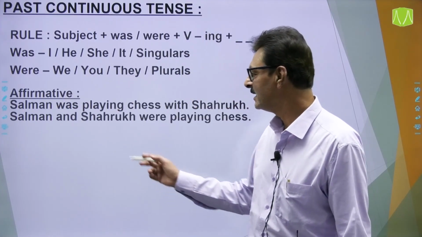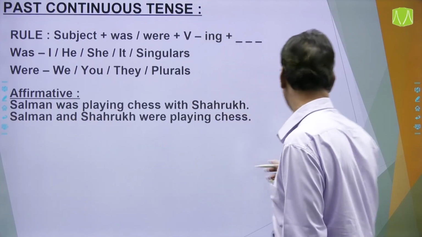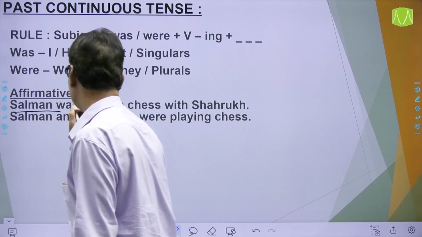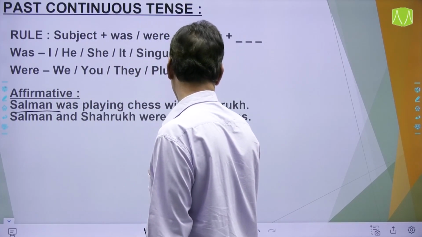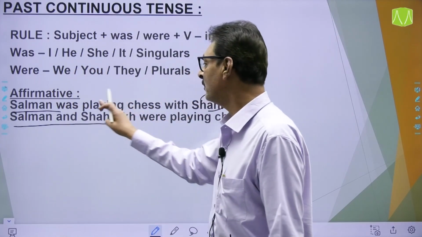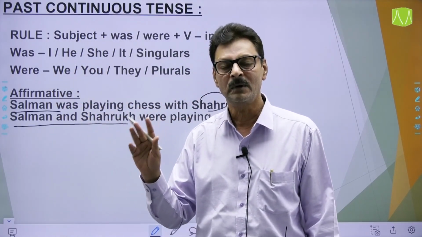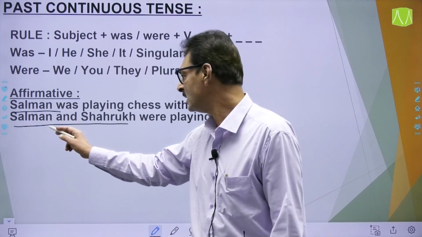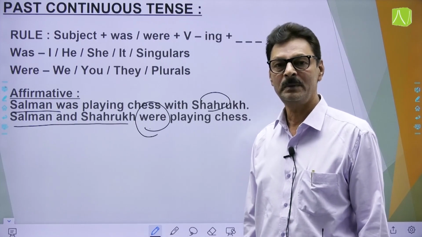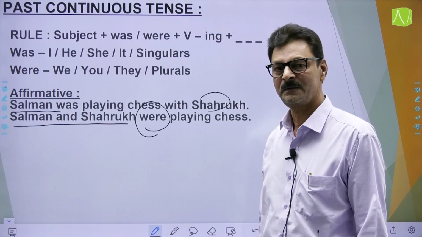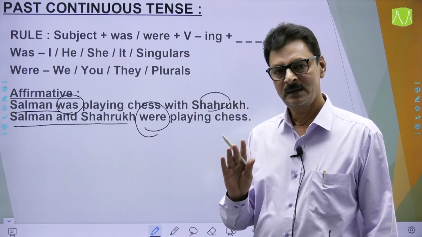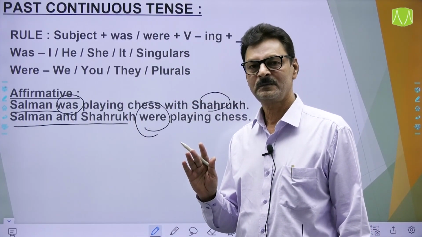Now see this sentence: Salman and Shahrukh. Now I am talking about two people. Here Salman is the subject, and Shahrukh is the complement. But now say Salman and Shahrukh: both are playing, but here we are talking of only Salman. And over here we are talking about Salman and Shahrukh, hence they become plural and hence the helping verb were will be added over here and not was. And over here we are only talking about Salman. I hope this is very clear.